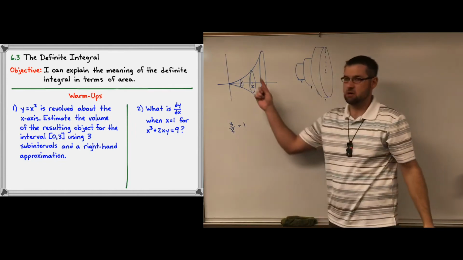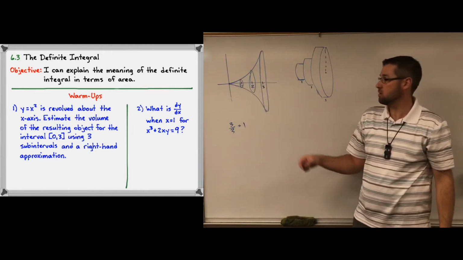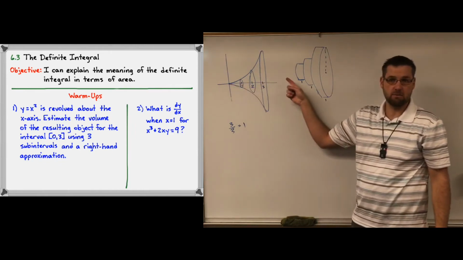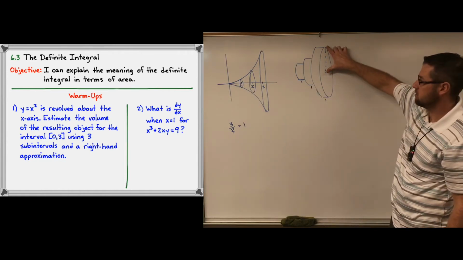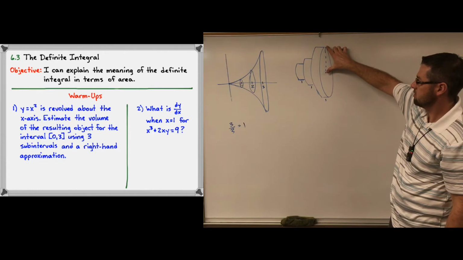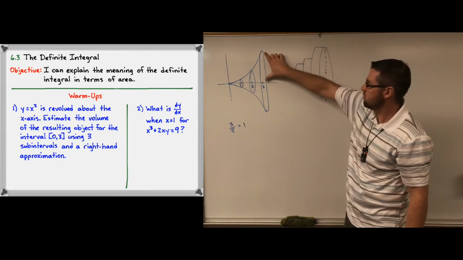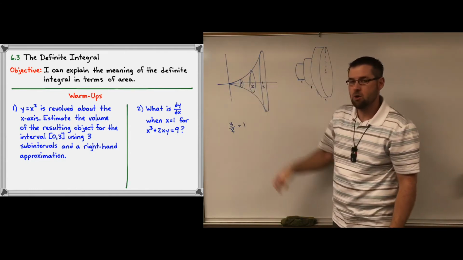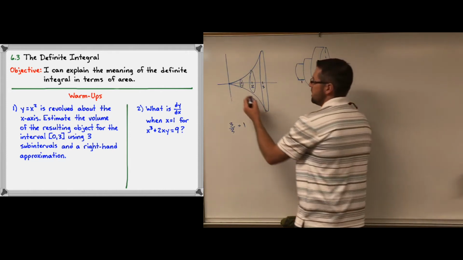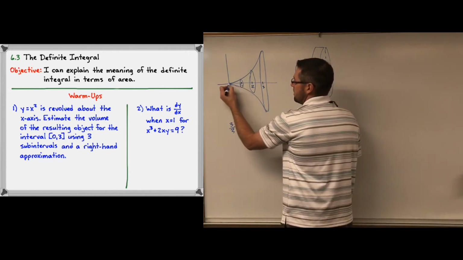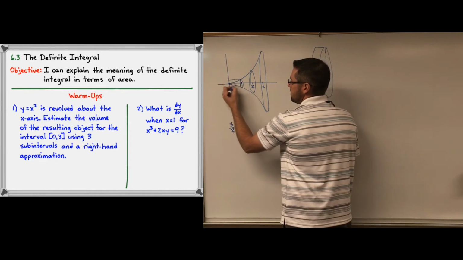And the radius of each cylinder is the distance from the center. What represents the center of this shape? The x-axis, right? So what represents the radius? The y values, right? Now, are we doing a left, a right, or a middle? Right. So in this piece, which height are we using?